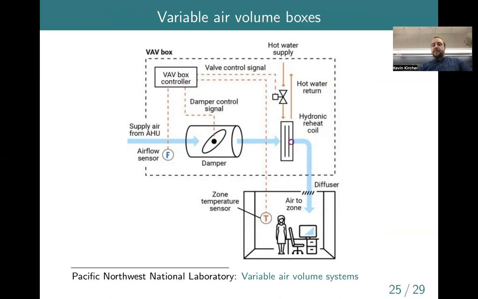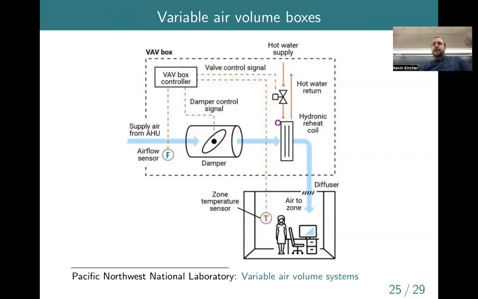And then typically they will have what's called a reheat coil as well. This is, again, just a heat exchanger, a bunch of pipes with fins on them, and a valve here that has another motor on it that can control the valve position, how far open or closed that valve is. That's basically like turning a faucet on or off. So it controls how much hot water flows through this reheat coil.